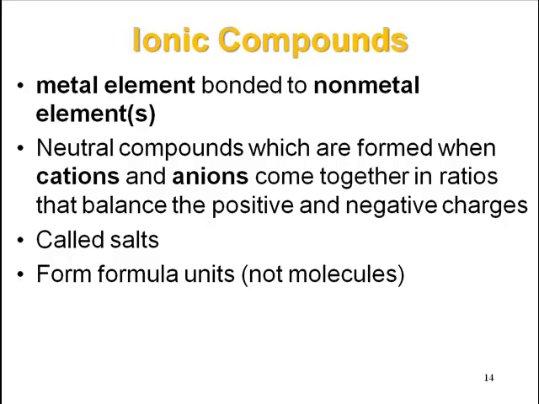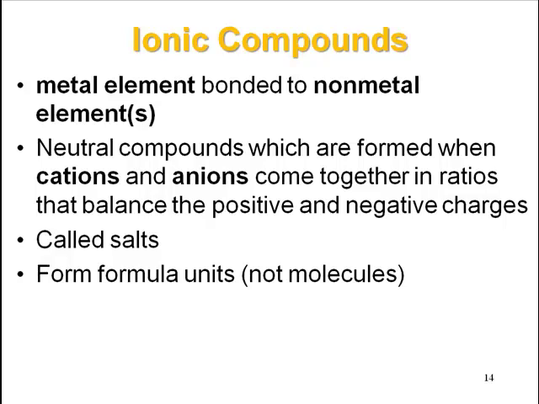They form what are called formula units, not molecules. The reason they form formula units is because, like in salt's case, for example, table salt, NaCl, the NaCl has a repeating pattern of sodium and chloride ions connected together. A water molecule does not have that pattern. A water molecule can be by itself without any other water molecules attached to it.